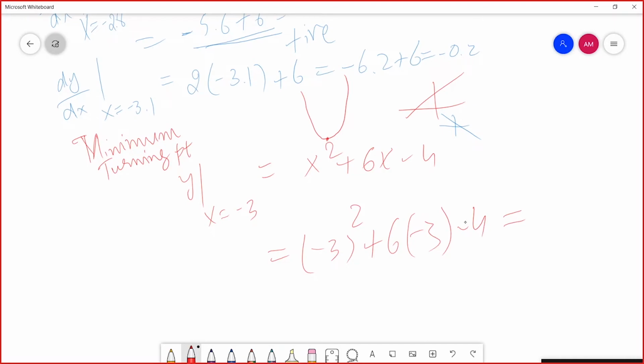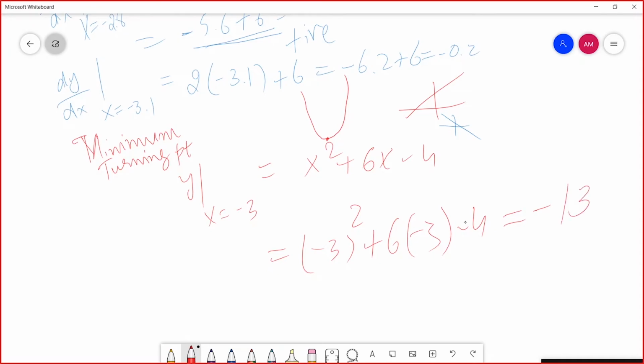-3 squared plus 6 times -3 minus 4 is equal to -13. So it becomes negative 13.